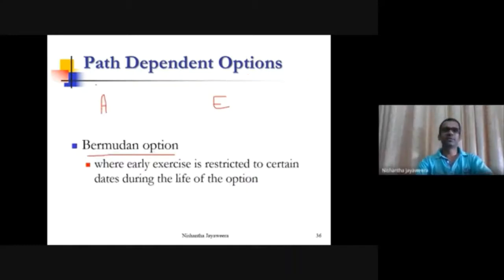So Bermudian option falls in between American and European. Why? In the American option, you can exercise any time. In the European style, only on the maturity.